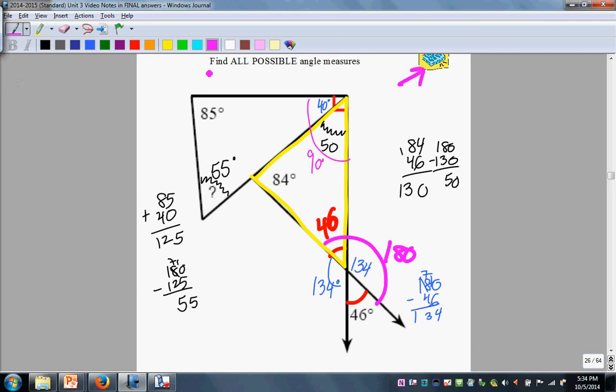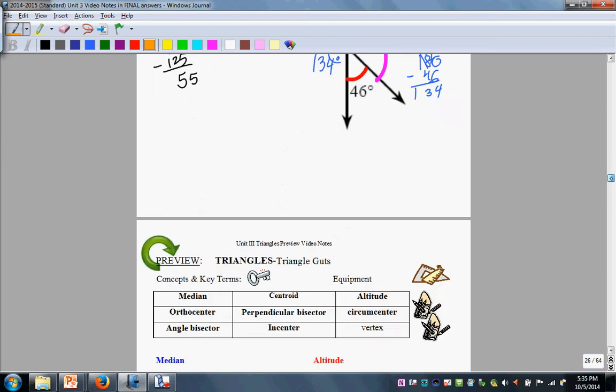If I say all angles, I mean all angles, my friend. Because right there, lo and behold, we have another linear pair, which means this angle on the outside, 84 from 180, is 96. Now you're done. Go back and see if you managed to get all the angles there.